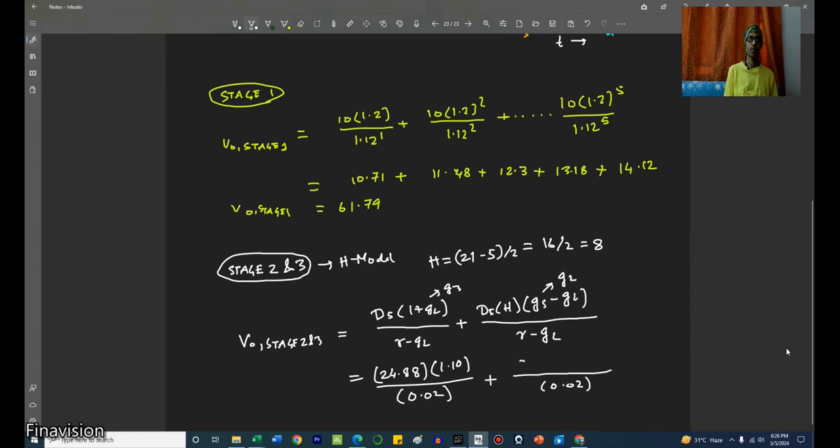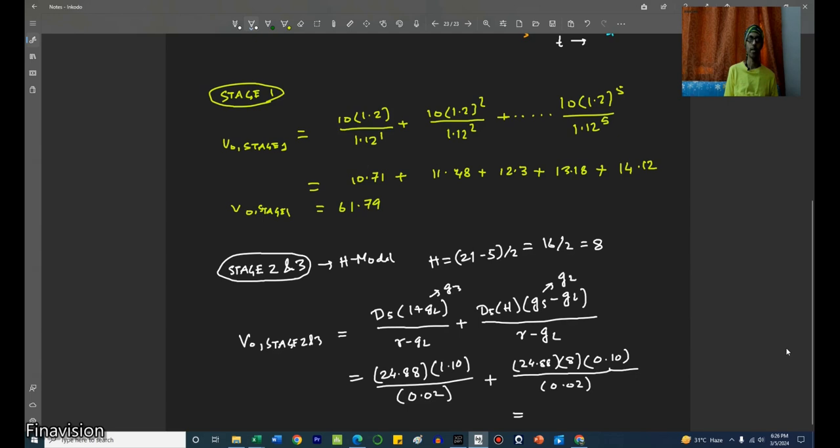D5 is 24.88. H, as we calculated, is 8. This is 20% minus 10%, which is equal to 0.10.